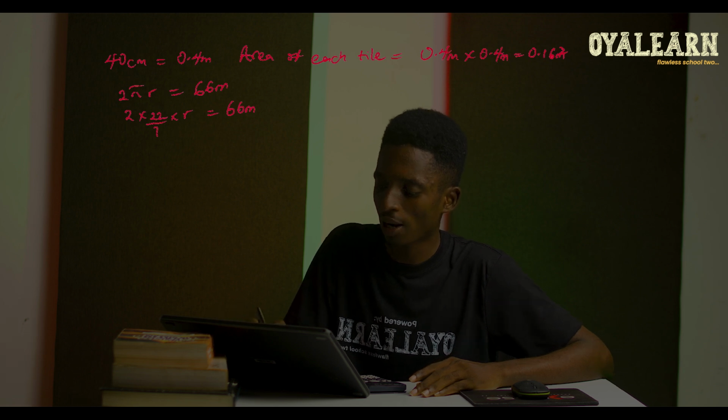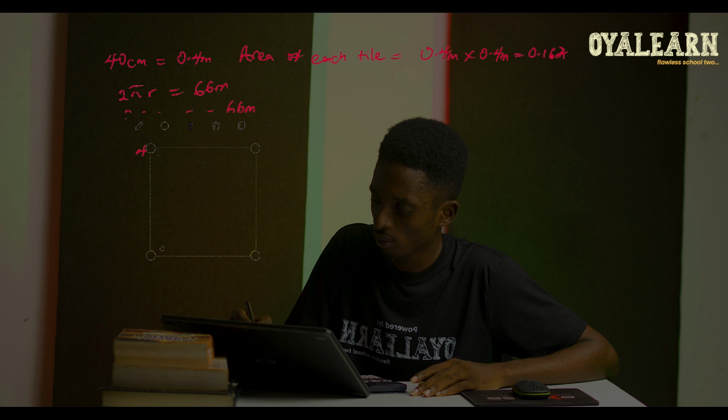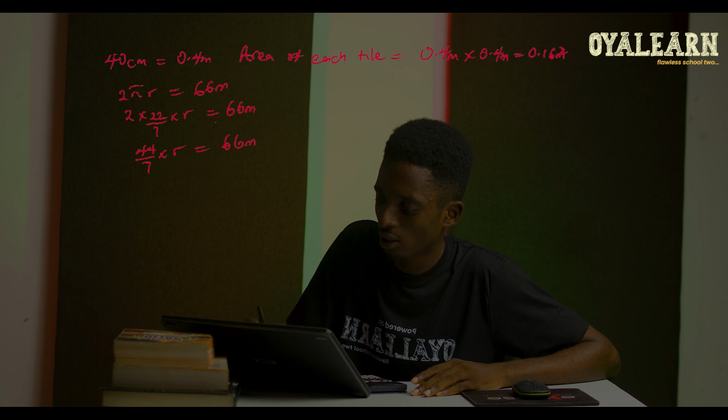Solving for r here, we then have 44 over 7 multiplied by r equals 66 meters.